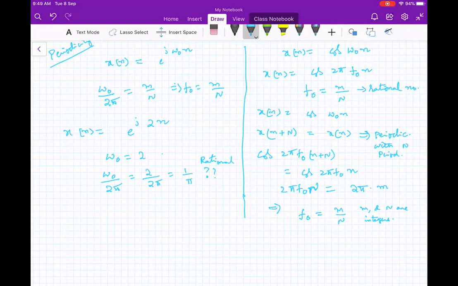Is this a rational number? It is not a rational number. Right, it is not a rational number because pi itself is not a rational number. Yes, sir, irrational number. Right. So this is not periodic.